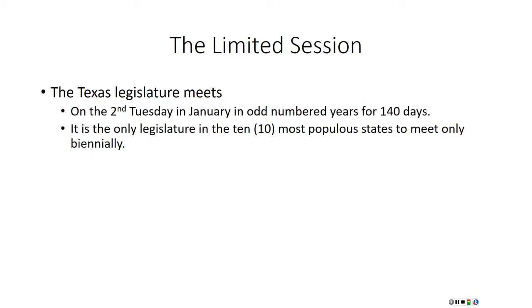Out of the 10 most populous states, out of the 10 states with the largest population, we are the only legislature that meets biannually. We are the only legislature that meets every other year. The rest of them either meet once a year or they have a full-time legislature.